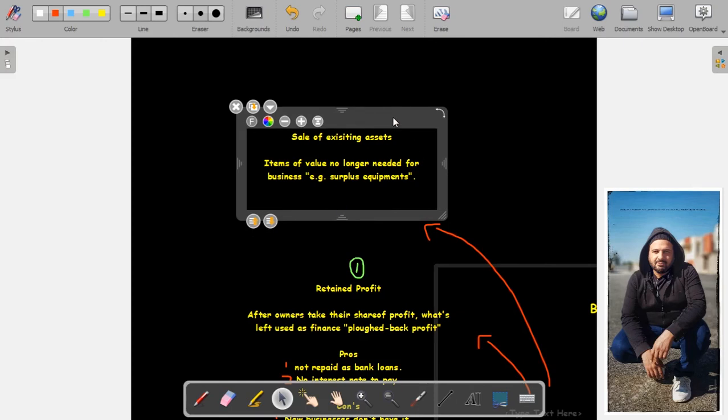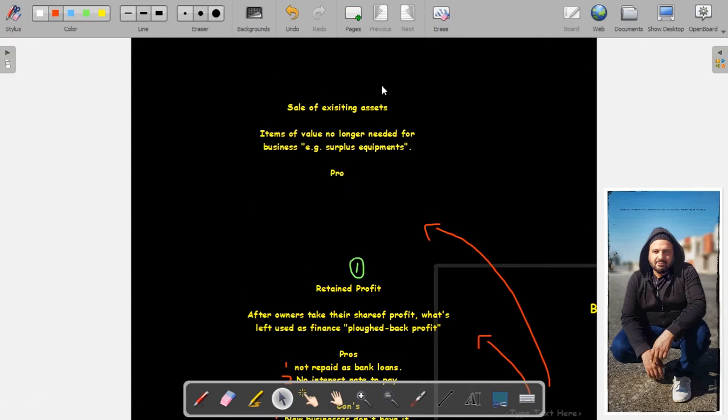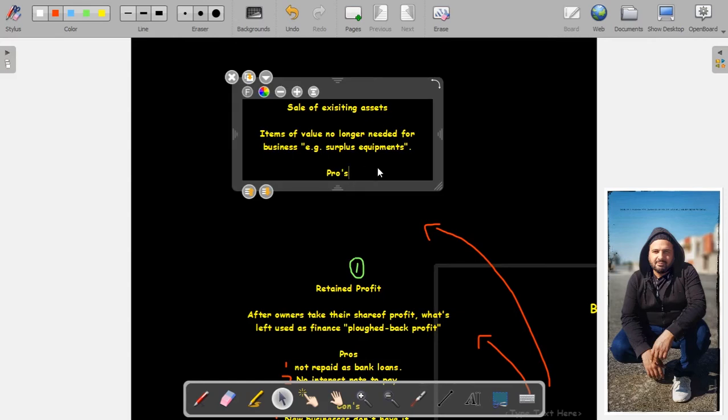This method has its benefits and disadvantages, as any other method for financing a business. Let's talk about the pros first, or the advantages. There's two of them. It's a method that makes better use of capital that is tied up in the business without any use.